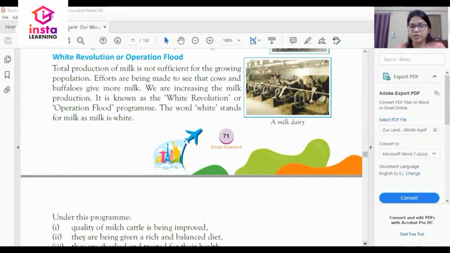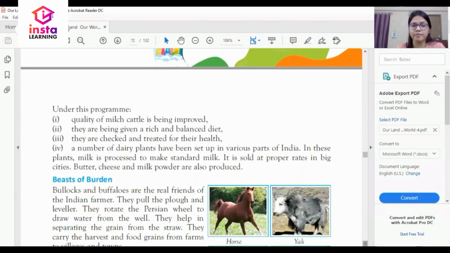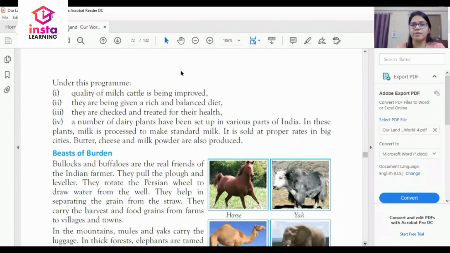Under this program, as I am highlighting it, quality of rich cattle is being improved. They are being given a rich and balanced diet. They are checked and treated for their health too. A number of dairy plants have been set up in various parts of India.